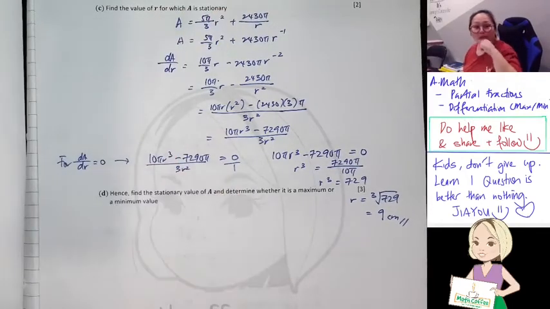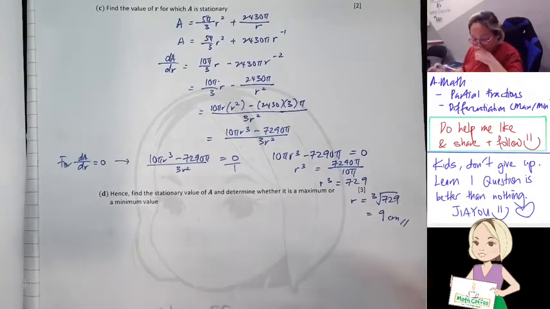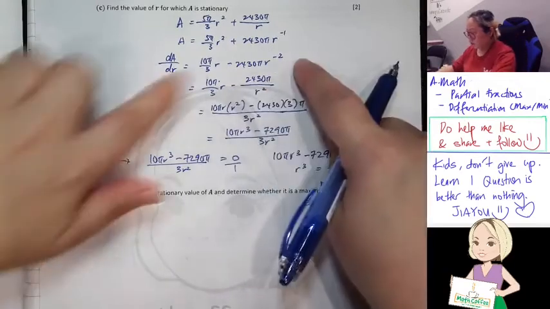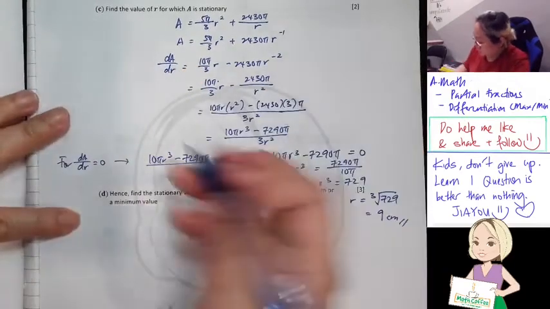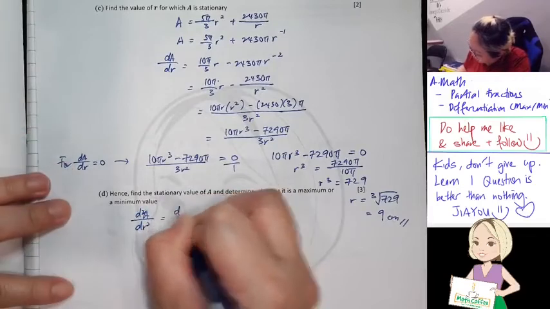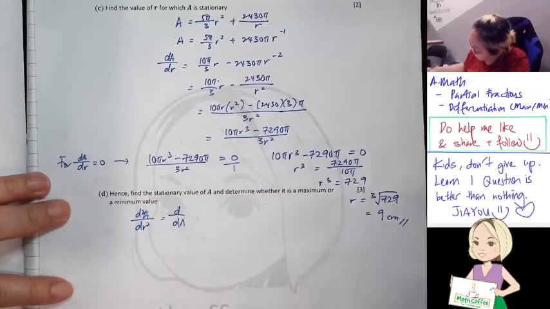Okay? Next, determine whether maximum or minimum. I will use the second derivative test because to differentiate this one is quite easy. So I will use this part. I will do d squared A over dr squared. I'm going to differentiate with respect to r.